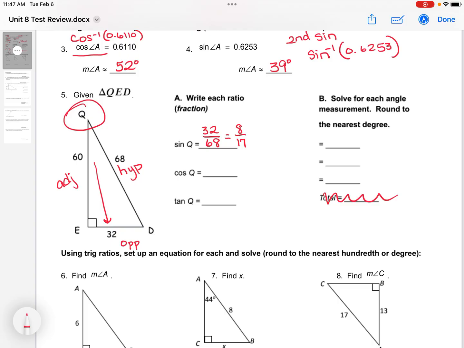And then if you put second sin, 8/17, you're going to get 28 degrees.